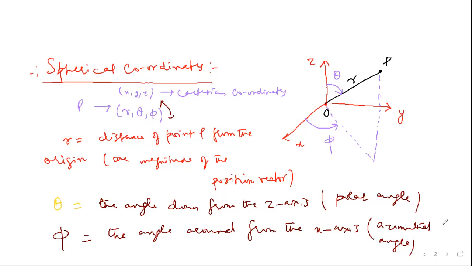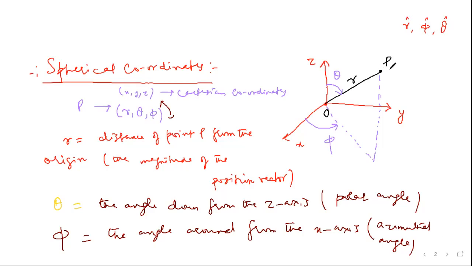Now we also define three unit vectors: r cap, phi cap, and theta cap. These three unit vectors are defined. R cap is the unit vector in the direction of increasing r.